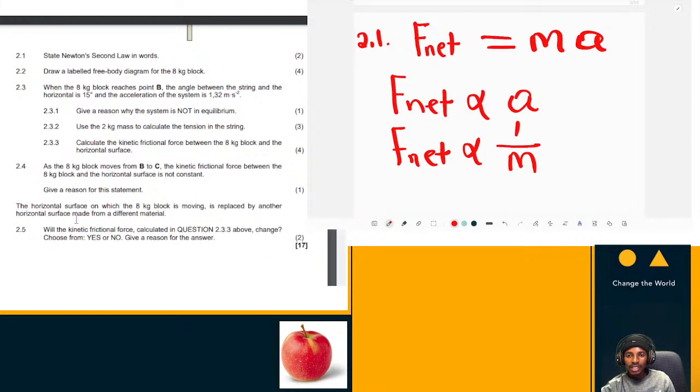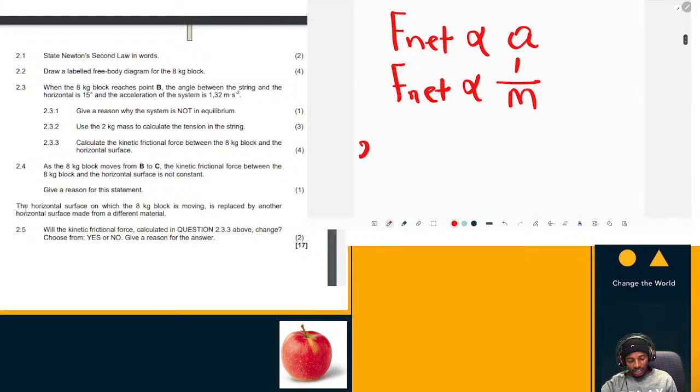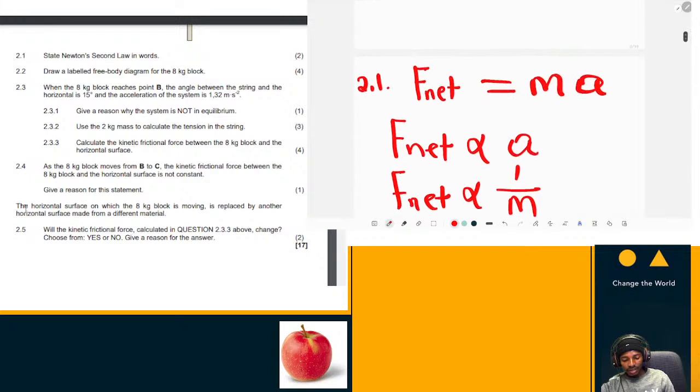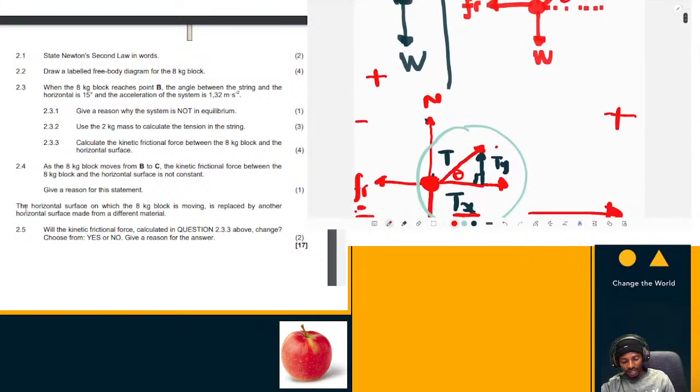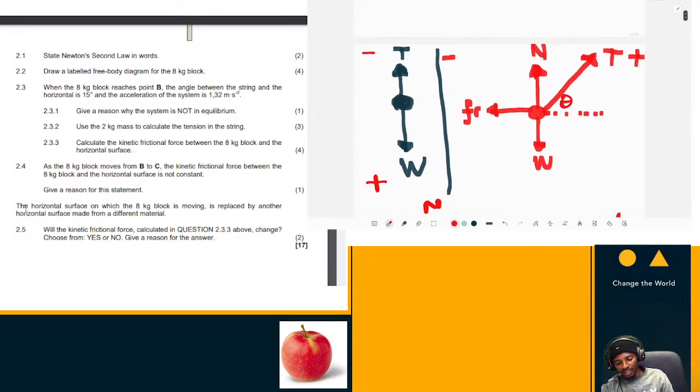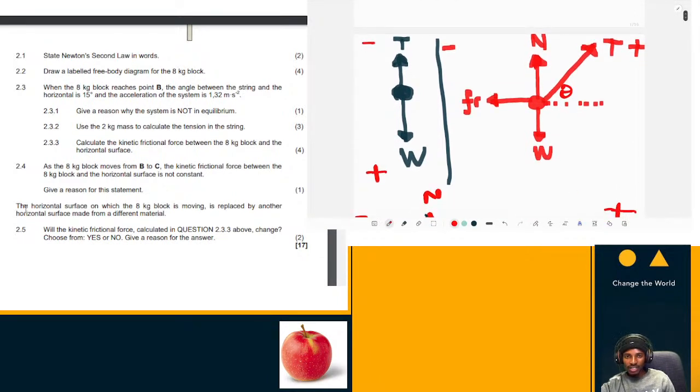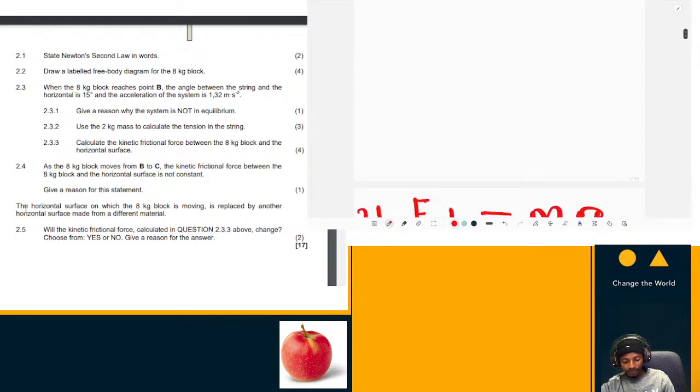All right, so the next question. They are saying we must draw a labeled free body diagram for the 8 kg block for 4 marks. We already drew the free body diagram on the previous slides. You can choose any, but I'm just going to draw it again.